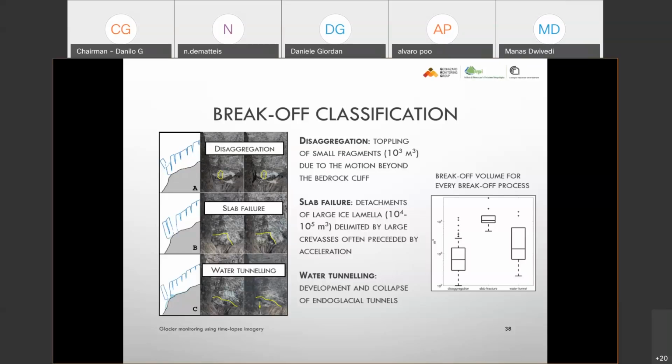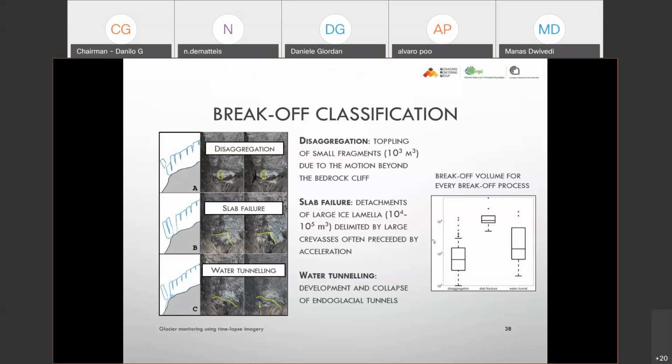A third process is the water tunneling. This process is caused by the presence of water inside the glacier. The water sometimes can accumulate within the glacier, but does not discharge and creates water pockets, which can exert a strong pressure against the frontal wall, and this wall can collapse and create instabilities.